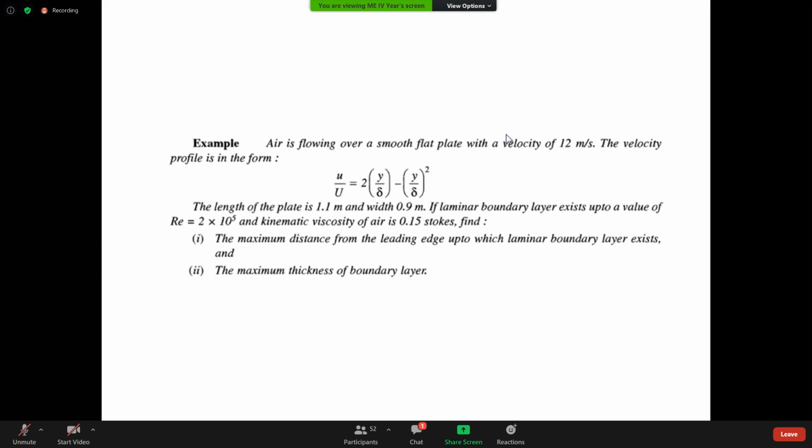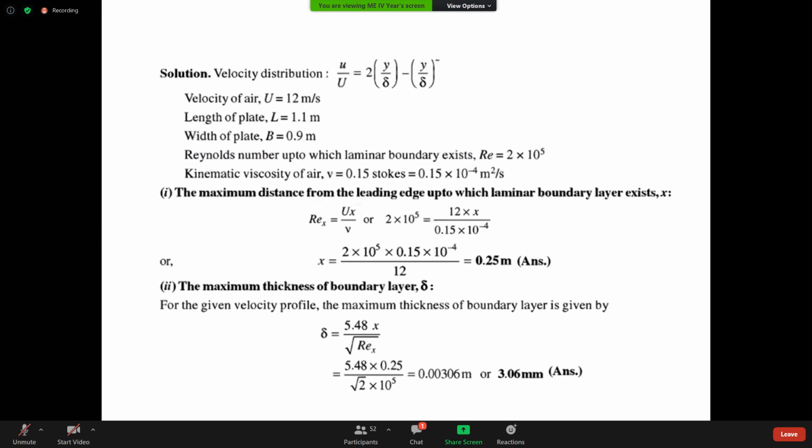So this is the problem. We come to the solution. He has given the velocity profile, and he is asking you to calculate the boundary layer thickness at the distance where this is the critical Reynolds number according to his case.